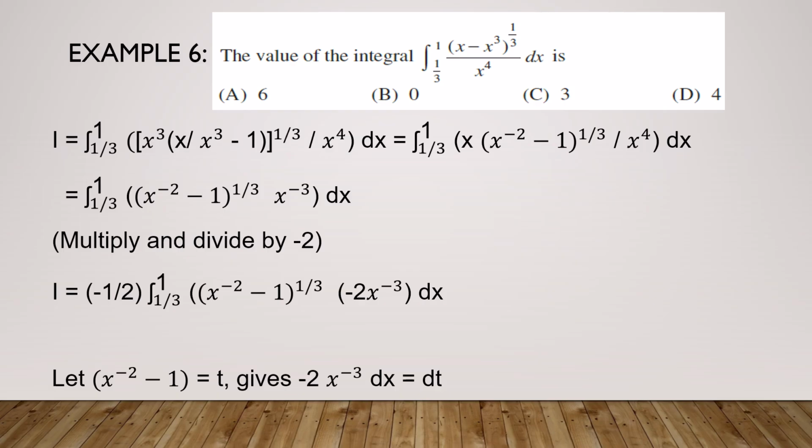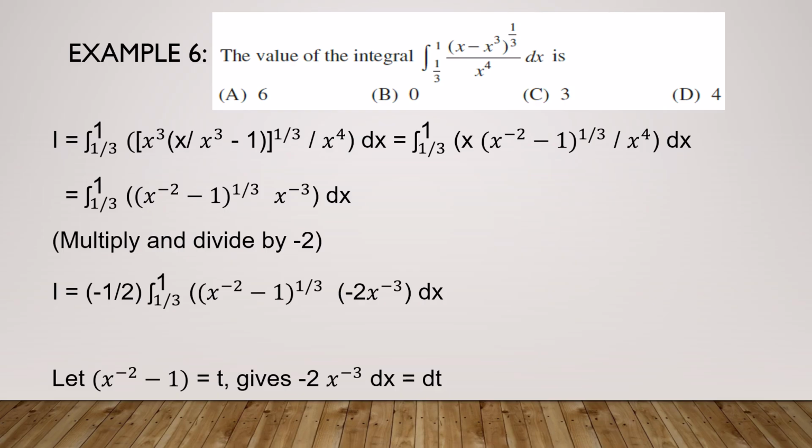Now one x will get cancelled, so you can write 1 upon x raised to 3 as x raised to minus 3. Now what we do over here is multiply and divide by minus 2. Why we do this you will just come to know, because we want to use the method of substitution. So you take out minus 1 upon 2 outside, as you are multiplying and dividing by minus 2.